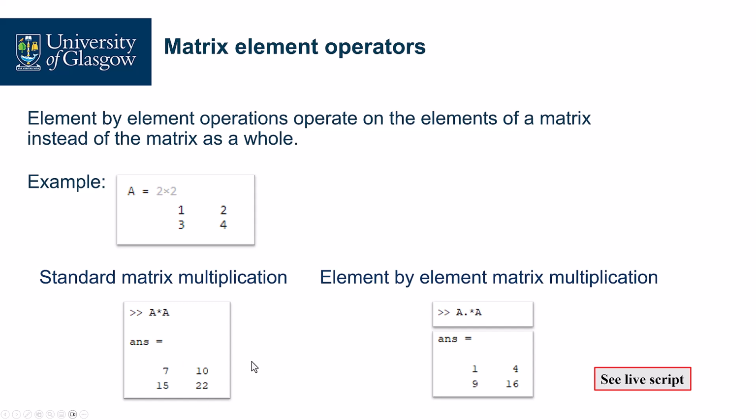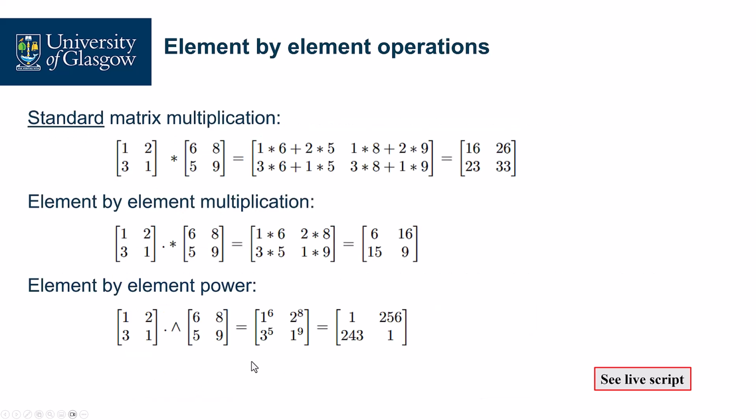Now let's see what else happens. As we can see here, when we use standard matrix multiplication, we go in this way. This is matrix multiplication in linear algebra, and we get this result. When we use dot multiply, we do it element-wise, so we can see this one appears.